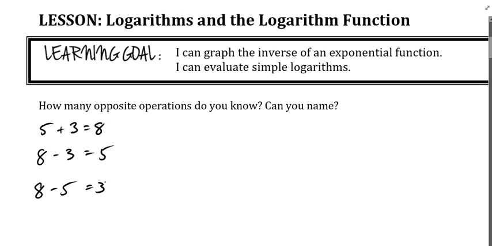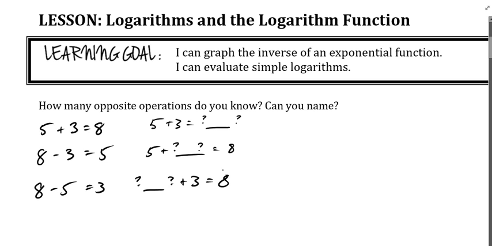Okay, what in the world are we talking about? Well, we've got this as one possibility: 5 plus 3 equals something. We've got 5 plus something equals 8. Or we've got something plus 3 equals 8.